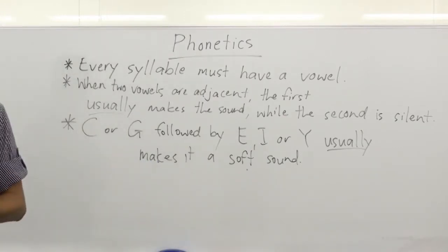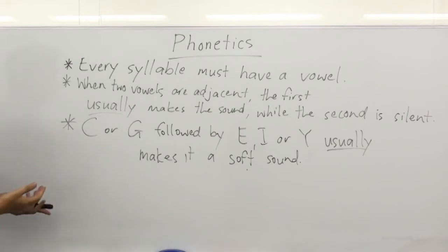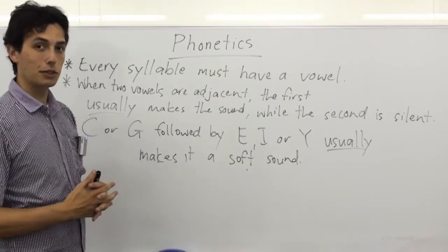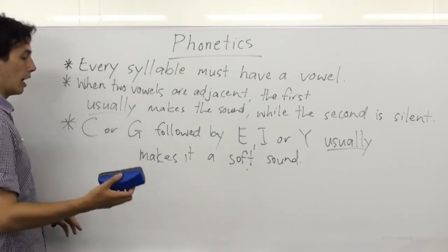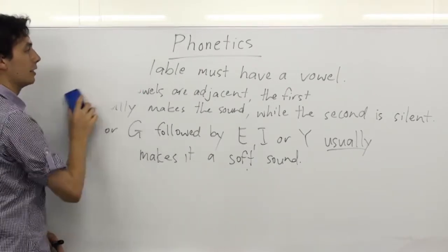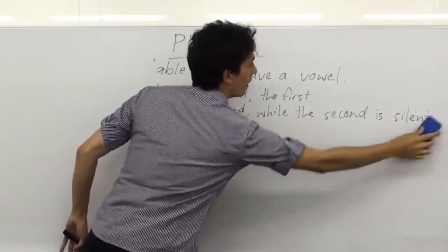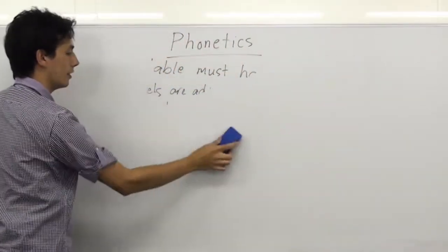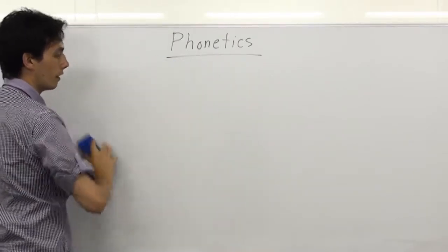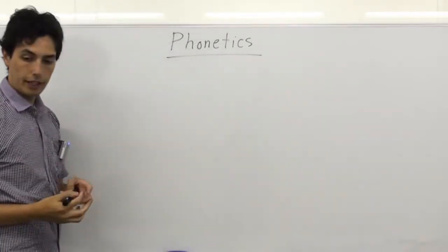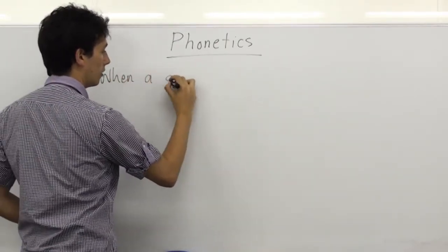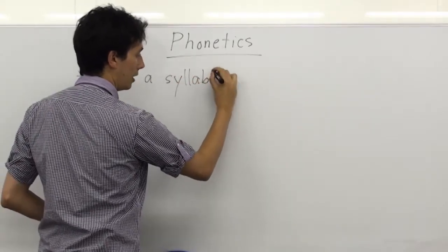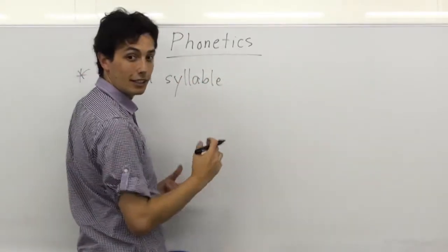Our next rule is when a syllable ends with a consonant and has just one vowel in it, the vowel becomes a short sound, like a, e, i, o, or u. So I'm going to rub these out for now. I need the space. Here we go. Okay, so when a syllable, remember that a syllable is like a beat in the word, like syllable.